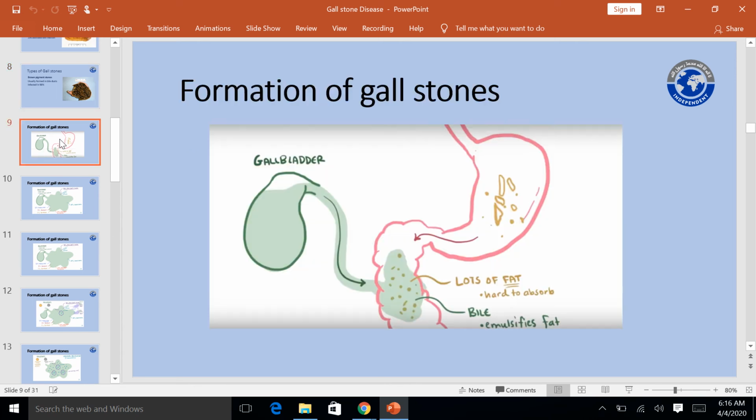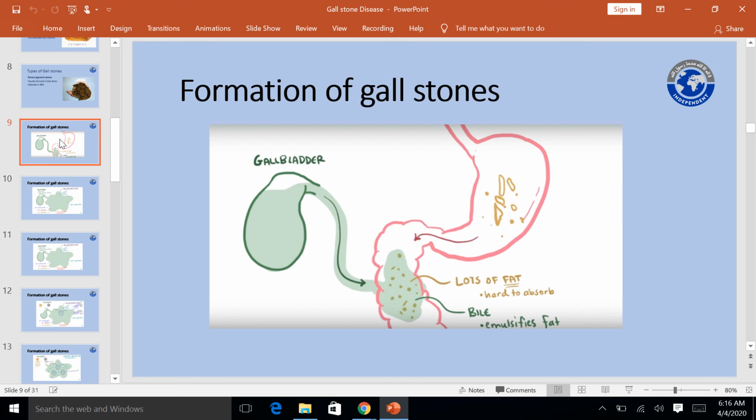Now, formation of gallstones, how these stones are formed. For this, we need to understand the function of the gallbladder, which will eventually help us describe the cause of gallstones. What is the function of the gallbladder?